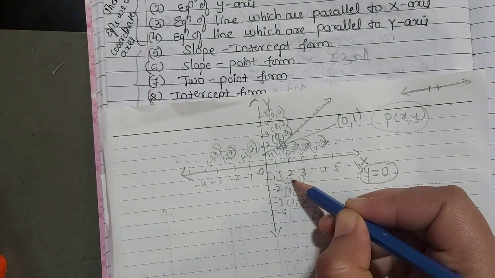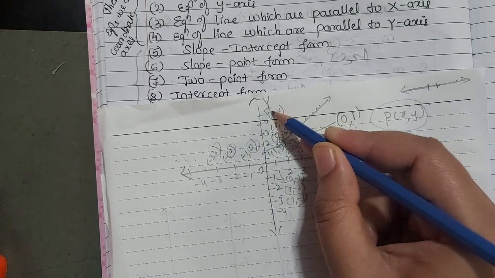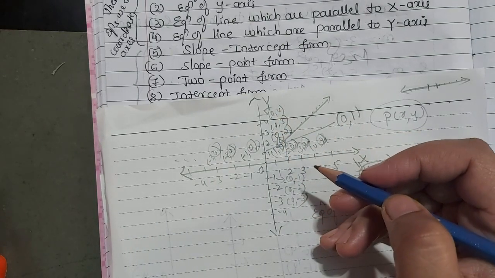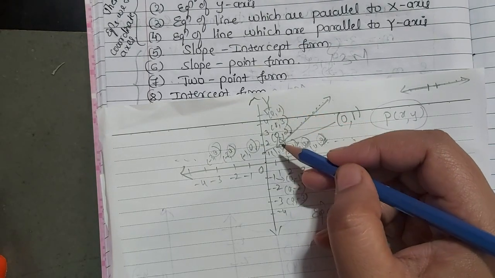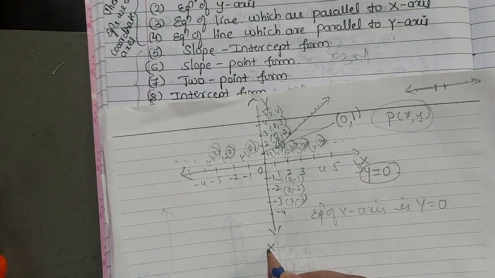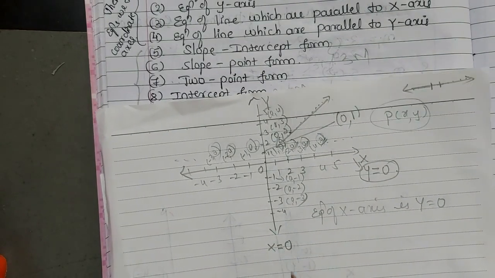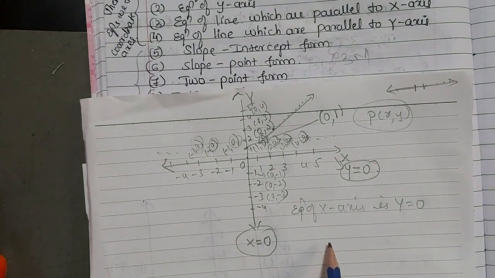You observe all the points. In all the points the x coordinate is 0, which is the general concept we can see in the given points. Therefore, that represents the equation of the y-axis. What is the condition? The x coordinates are 0. So that is nothing but the equation of the y-axis.